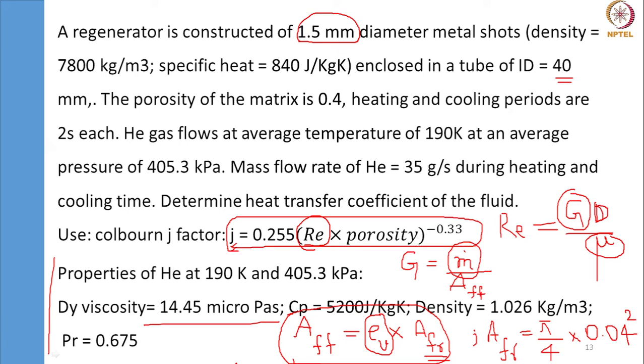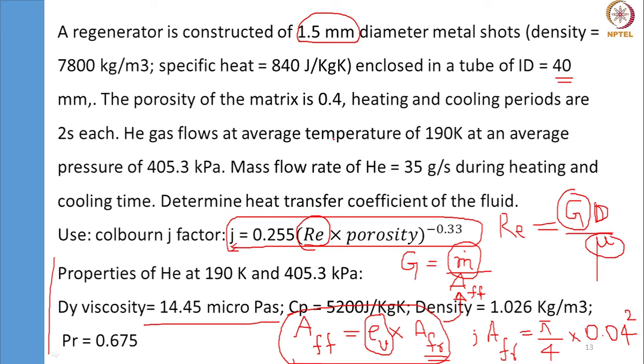Can you tell me the free flow area? It is coming to 5.024 into 10 power minus 4. Yes, free flow area is 5.024 into 10 power minus 4. That is absolutely correct. So we are going to put that in this formula of G.